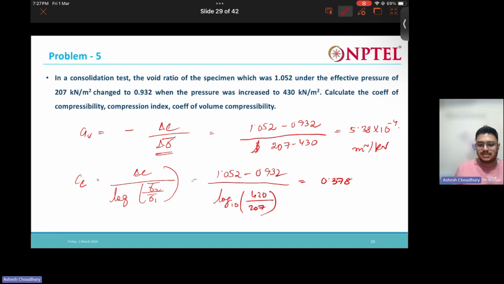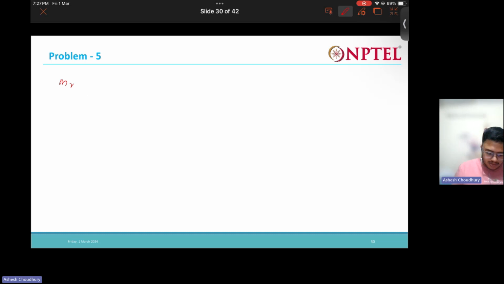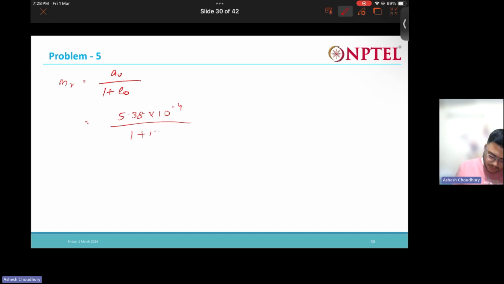No, because it is an index, so no unit. And now coefficient of volume compressibility, m_v. So a_v you know. The initial void ratio you can take as 1.052. What is the unit? Same as that of a_v.